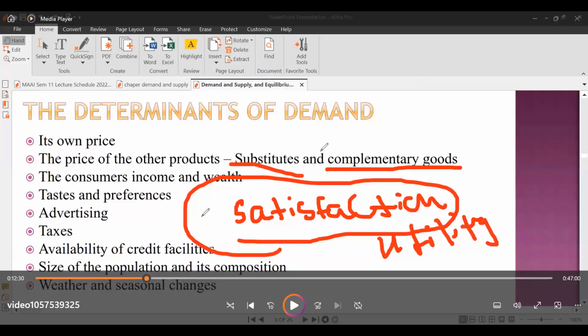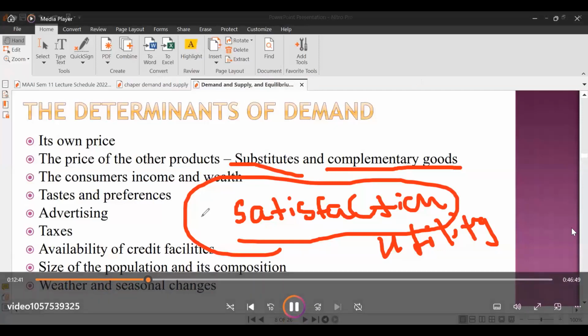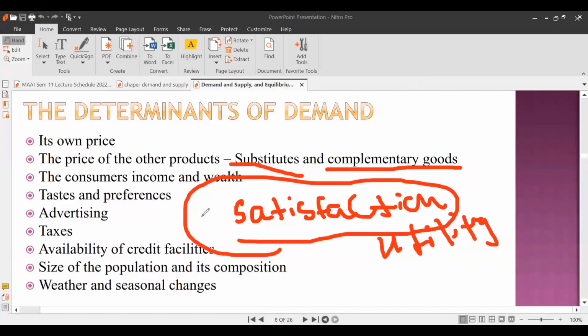So just let me move on with my explanation and continue. Not only the price of the considered good, the price of other related goods may also affect the purchase of the product, or the demand, right?